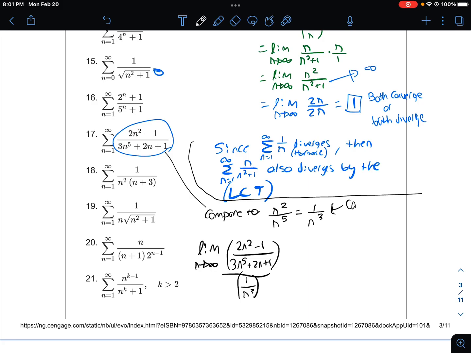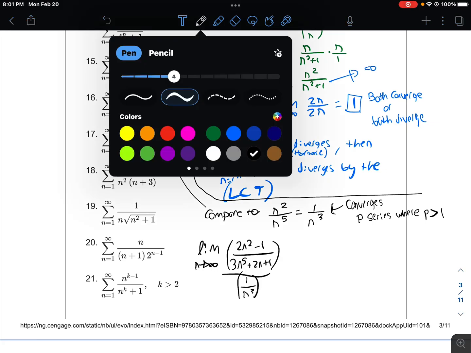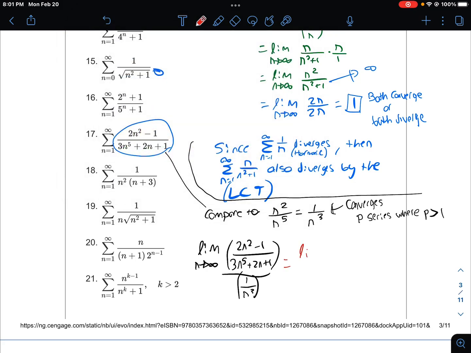This one converges: the sum from n equals 1 to infinity of 1 over n cubed is a p-series where p is greater than 1. So it works out perfect. It converges. So if this gives us some number, then the other also converges, is the basic idea. So what we're going to do is multiply by the reciprocal.